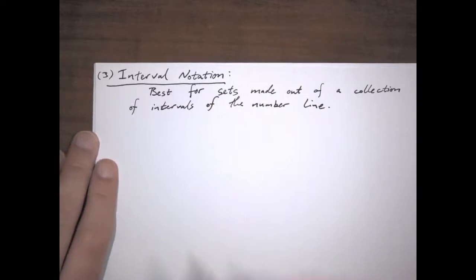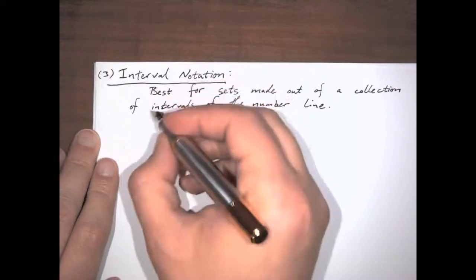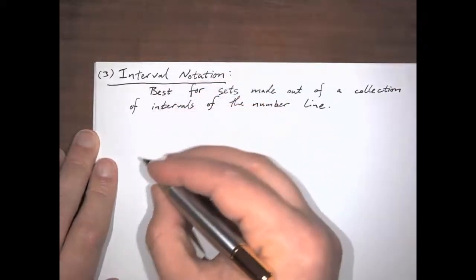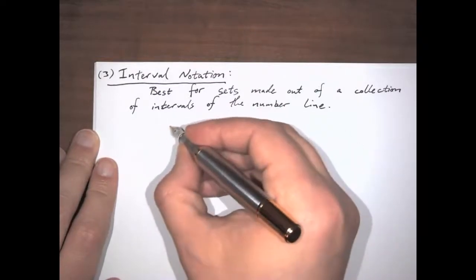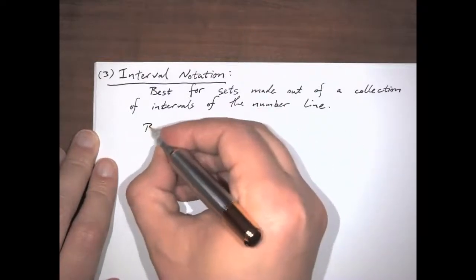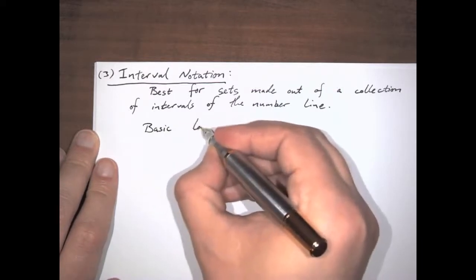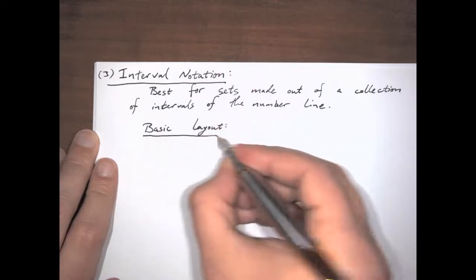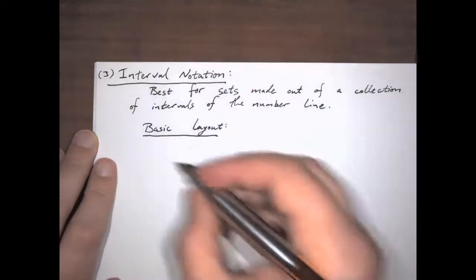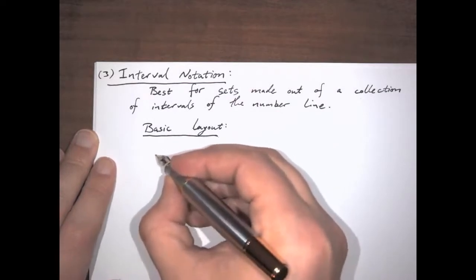And there are 4 possibilities for the basic part of the interval notation, and they go like this. The basic layout is this. So we have 4 possible ways of writing this.